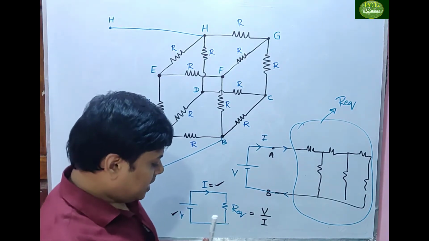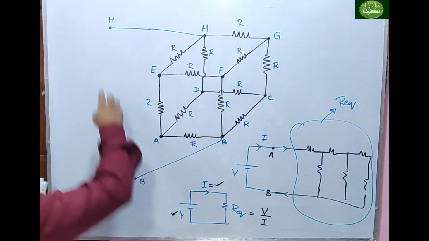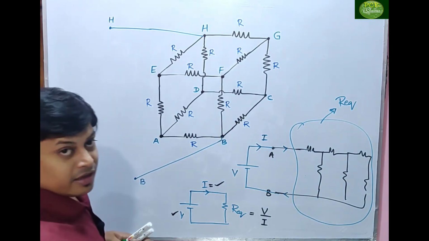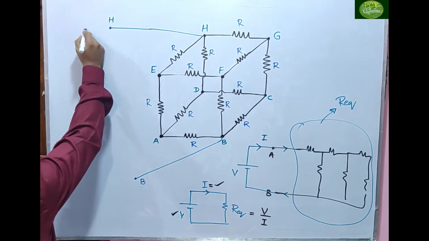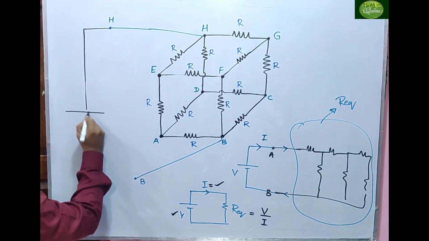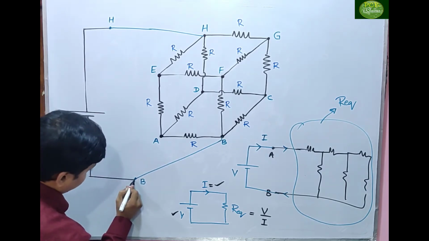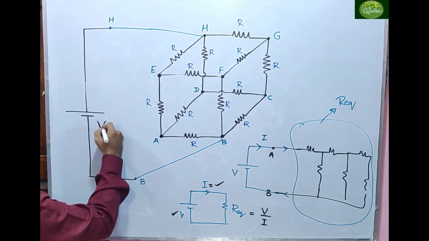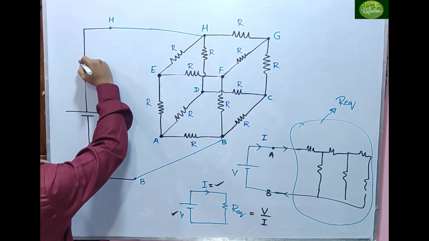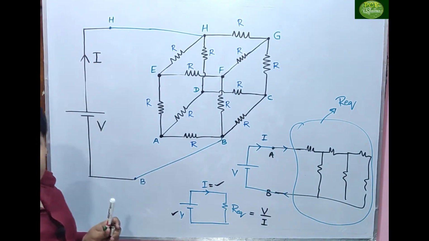That means this is a complex circuit, so I will assume across H and B a voltage source. I repeat, a voltage source. Let us take it as V, and let us take the current it is pumping as I. Right?